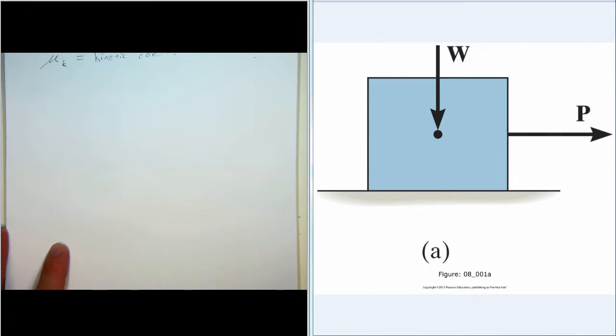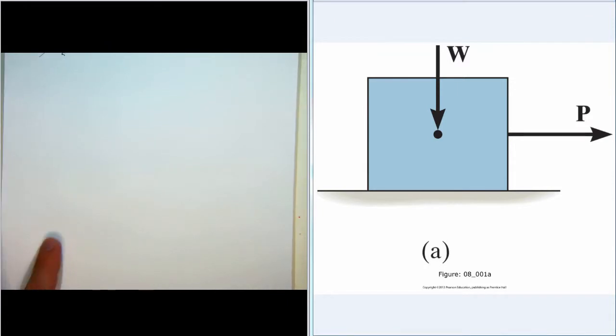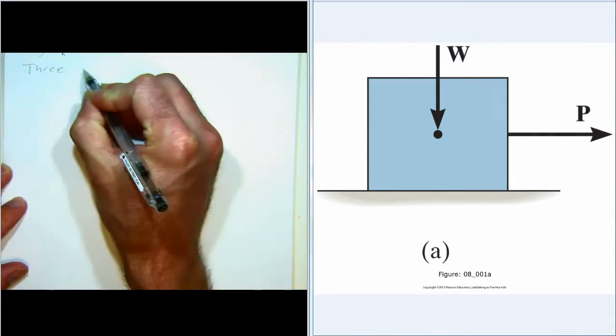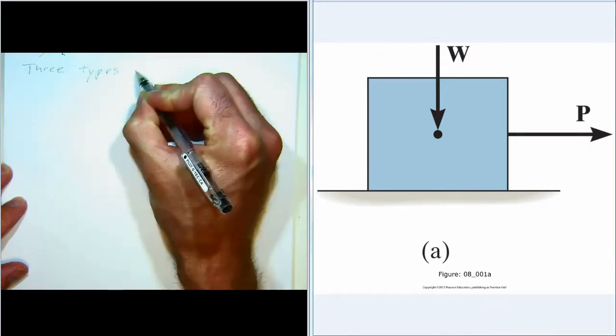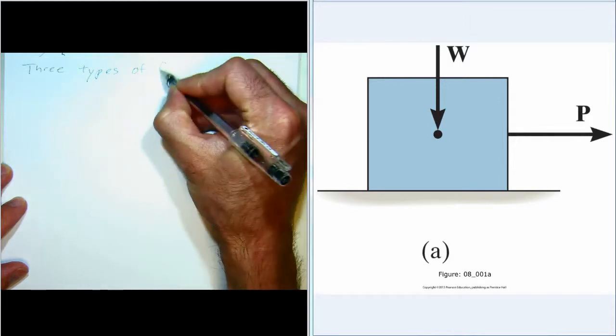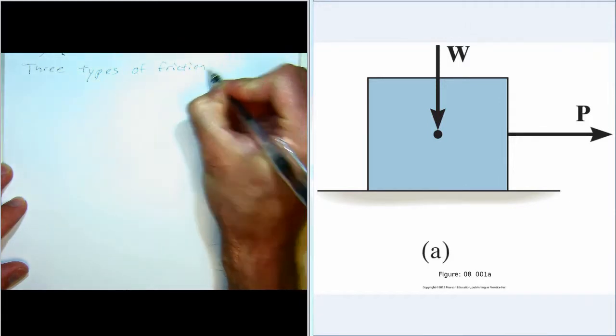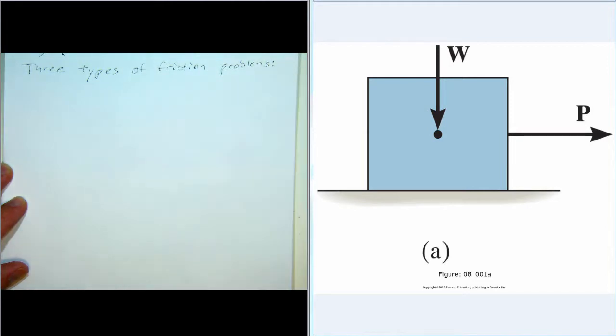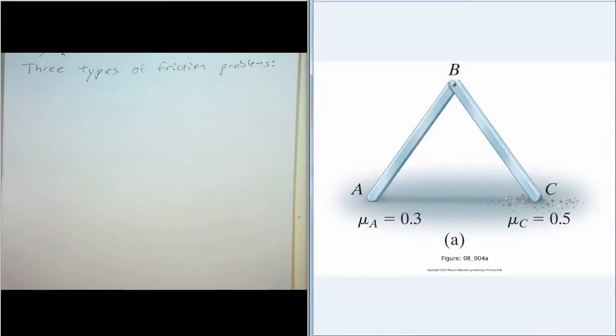When we're working with friction problems, there are three different types of problems that we can look at. The first type is where there is no impending motion.